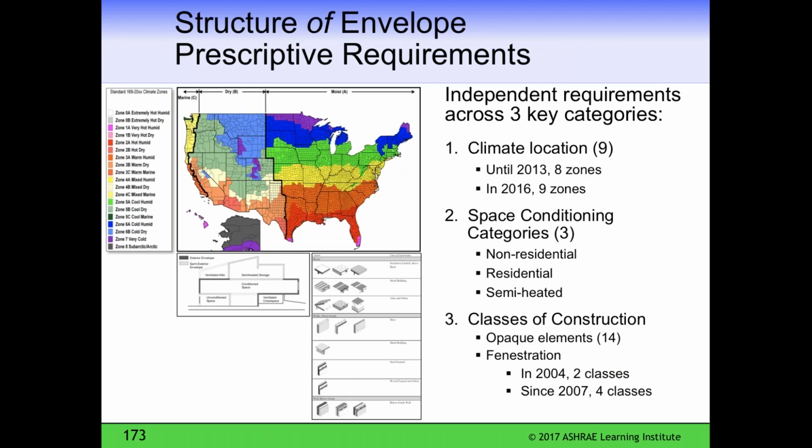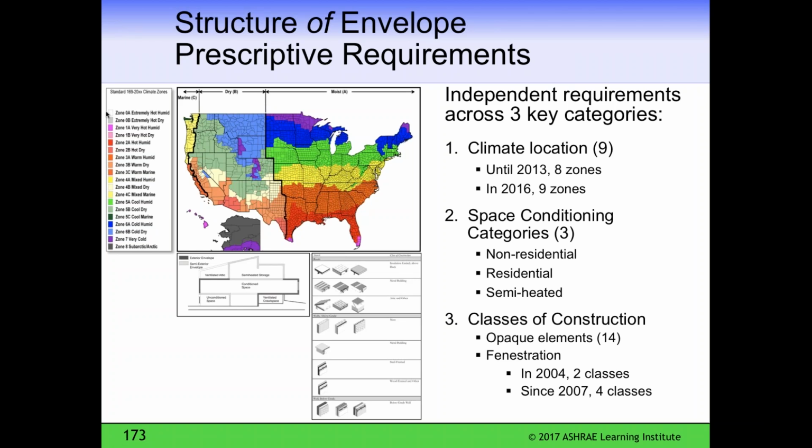So the structure of the envelope prescriptive requirements has three parts to it, and they're all shown on this diagram. You have 9 climate zones, which is new for 2016.